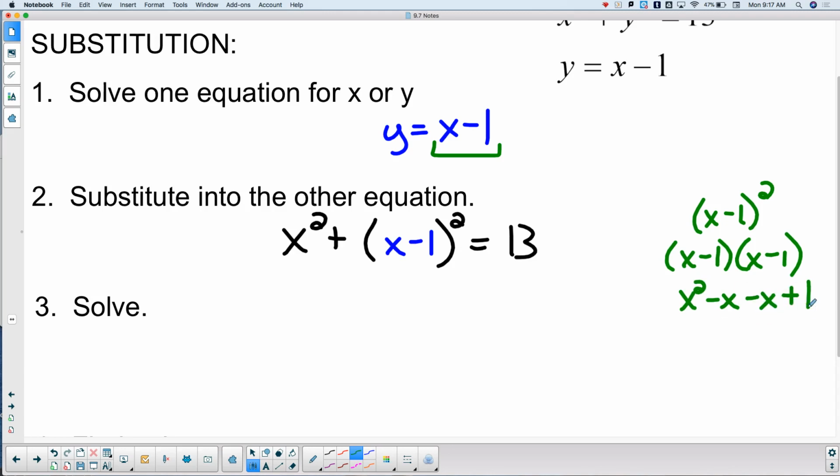That simplifies to x squared minus 2x plus 1.